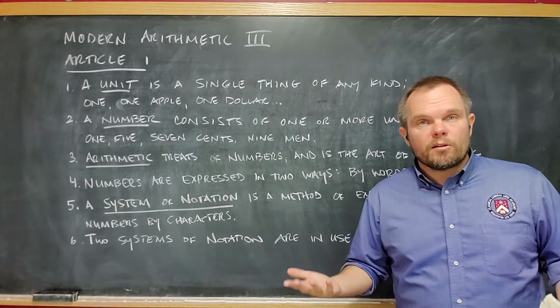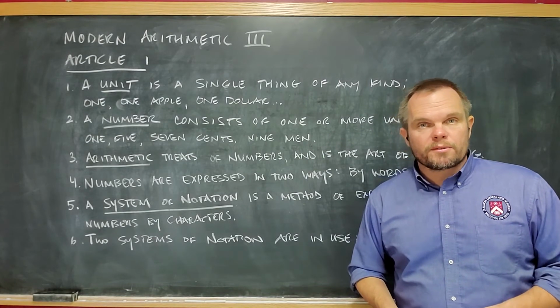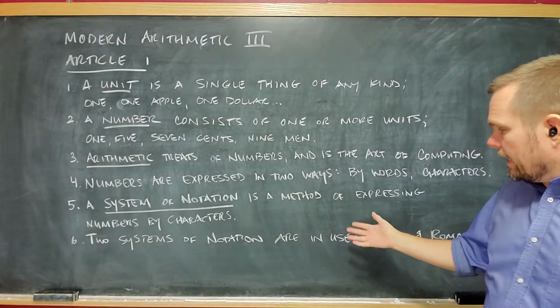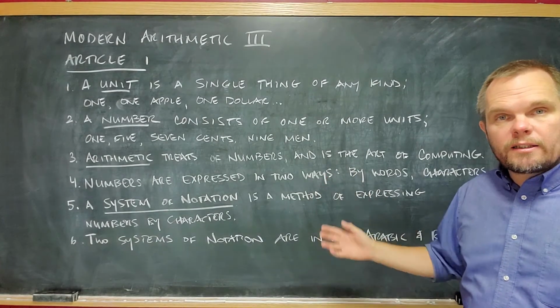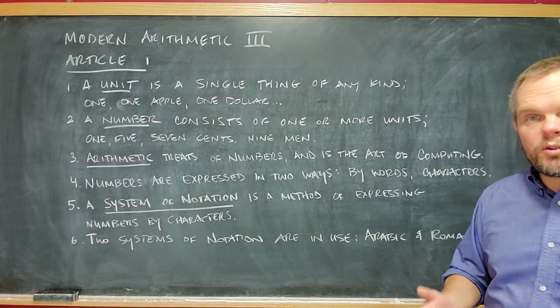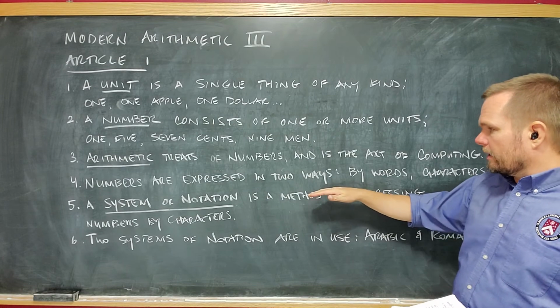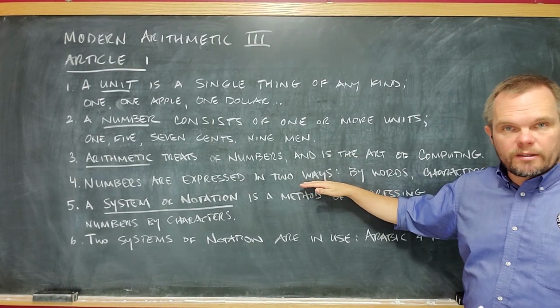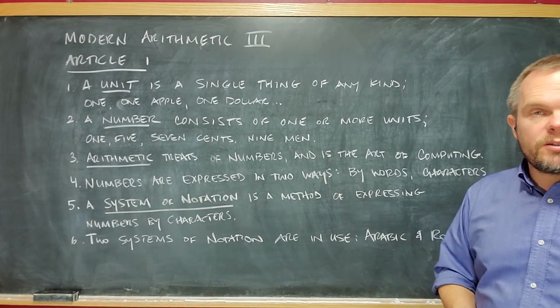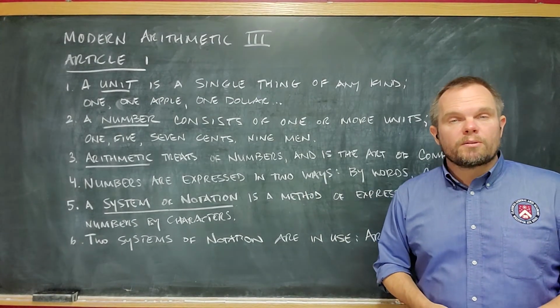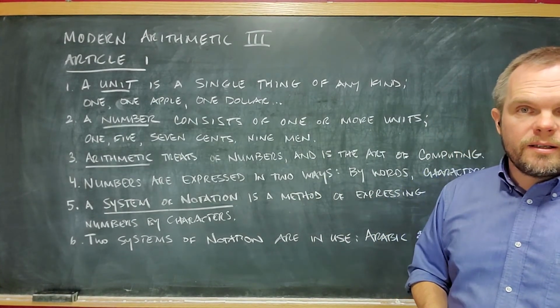Obviously, we can't learn to solve problems until we learn how to express numbers correctly. So the next few lessons, we're going to make sure we know how to express numbers clearly with words and symbols, and then we're going to get into learning the rules for how to solve problems in arithmetic.